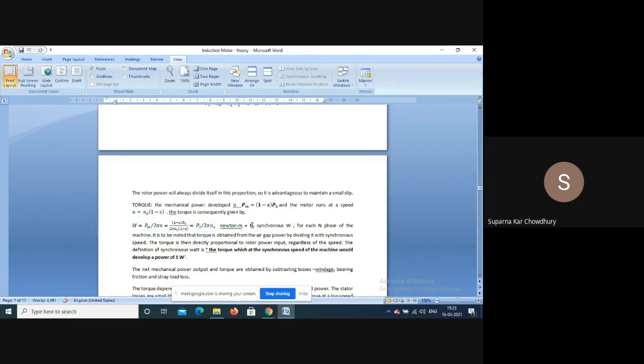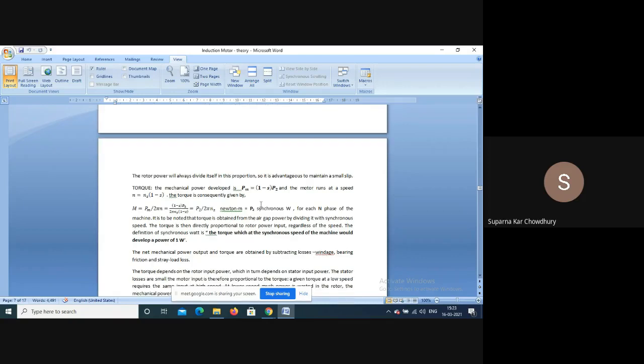It is expressed as P2 synchronous watt. That means the torque which at the synchronous speed of the machine would develop a power of 1 watt. That is the definition of synchronous watt.